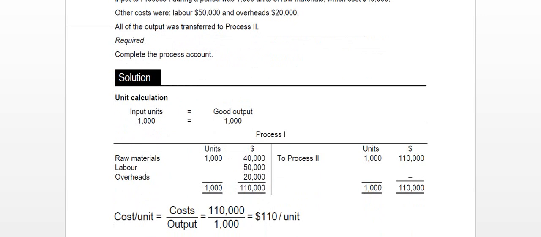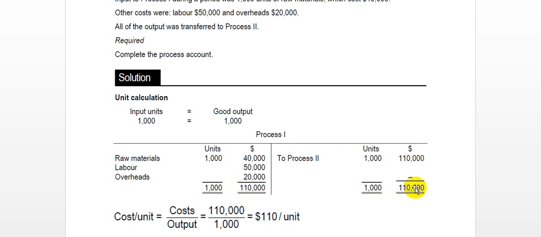So you produce that in your T account. When you add up the costs of labor, raw material and overheads, you get 110,000. Since the total units of raw material 1,000 is equal to the total units of the output 1,000, the cost as well will be 110,000.